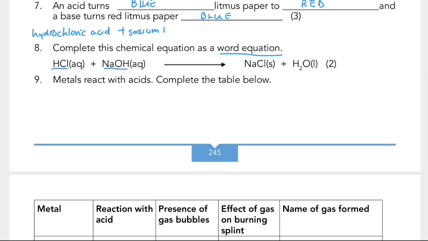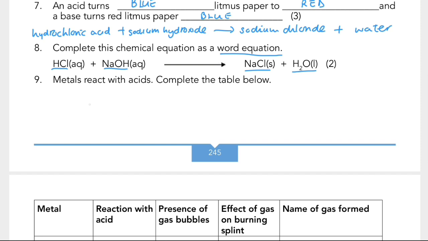They all give us this compound, which is sodium chloride, then plus the last compound, that's water. So if we have done this, we have made the chemical equation to be a word equation.